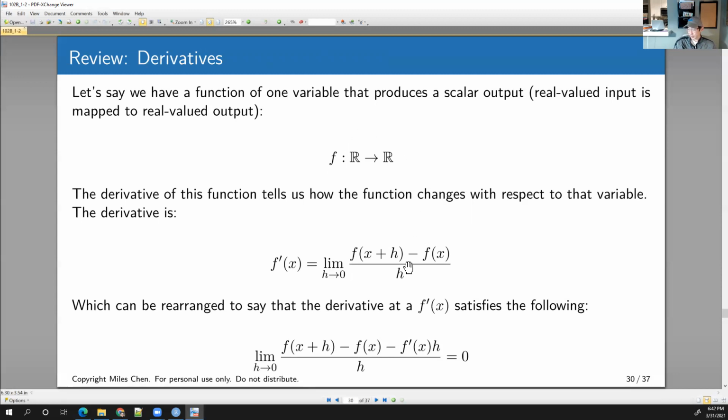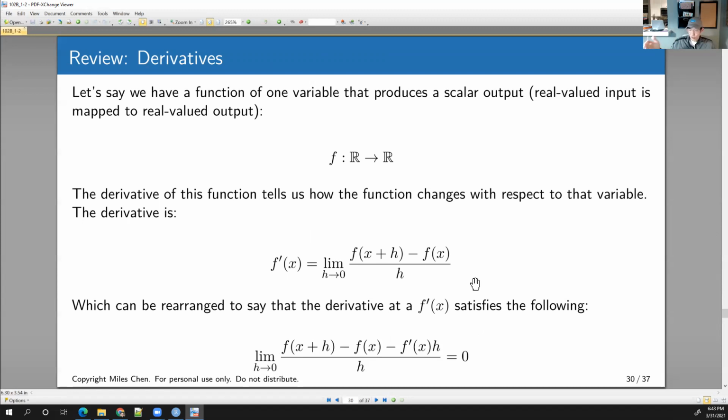And we say the derivative f prime is the limit as h goes to 0 of the difference between the function of x plus h minus the function at x. Okay, and then we just take that difference. And this is the definition of the derivative. An alternate way of expressing the derivative is that we're going to say that the derivative f prime satisfies this thing, or that as h goes to 0, this whole thing is also going to go to 0 as well.